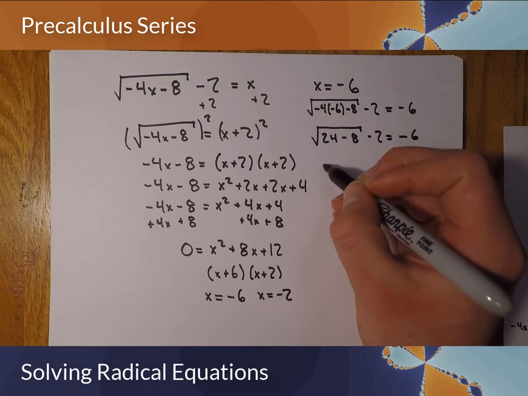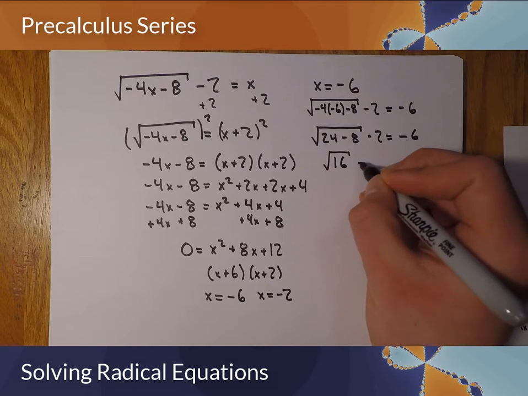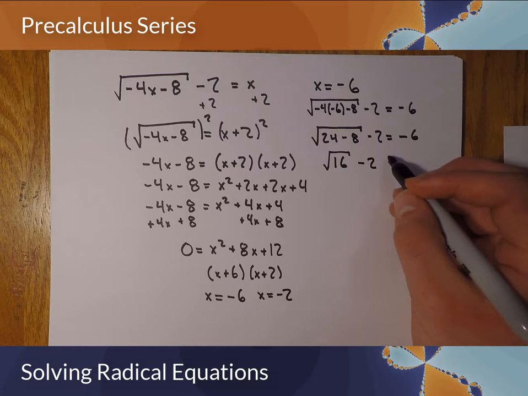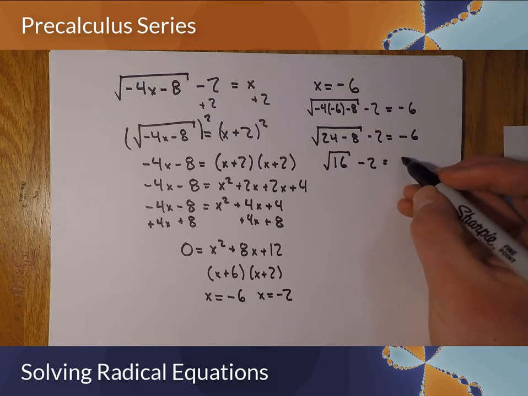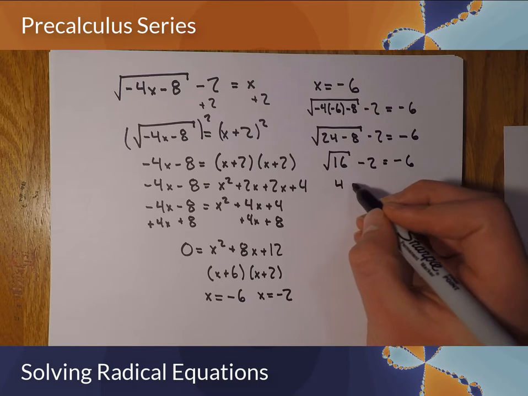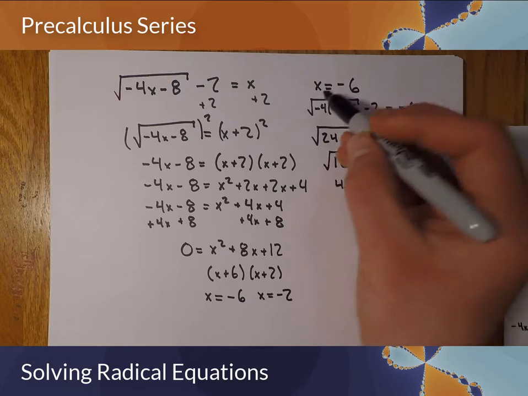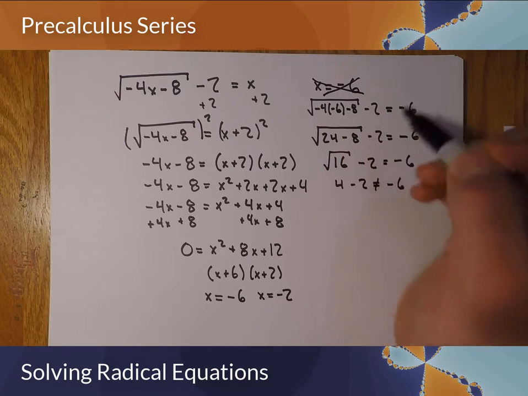So we have square root of 24 minus 8, which is square root of 16, minus 2 equal to negative 6. And that's wrong because 4 minus 2 does not equal negative 6. So x equals negative 6 is not an actual solution.